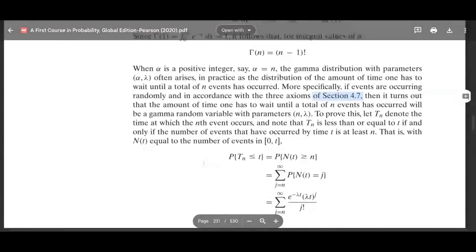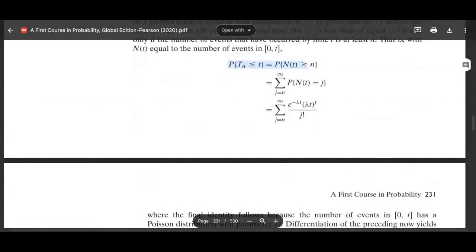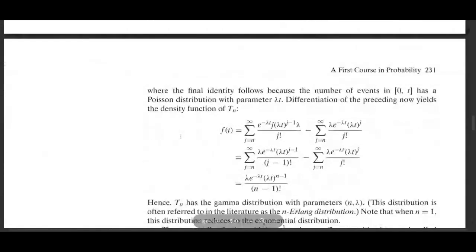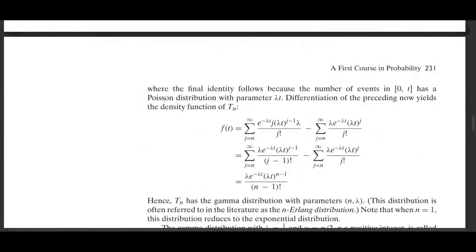The three axioms in section 4.7 are the probability axioms. So there is a little calculation here. The final identity follows because the number of events in this interval has a Poisson distribution with parameter lambda t.